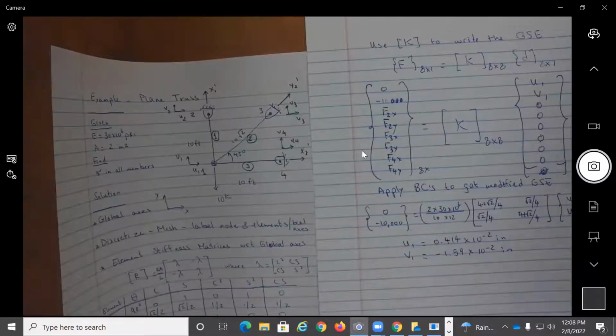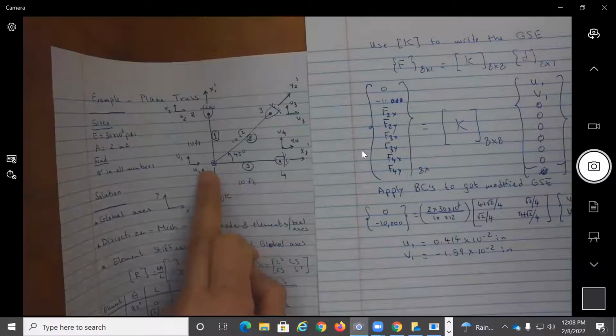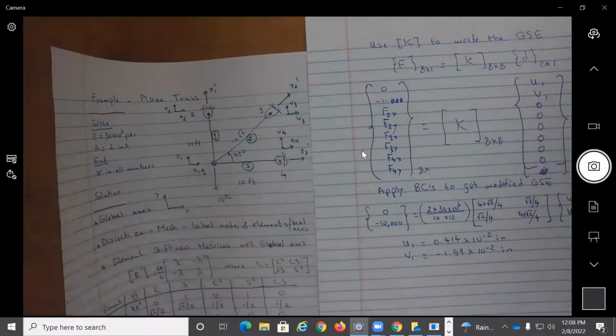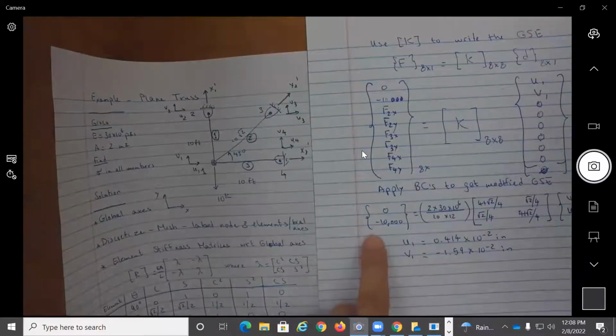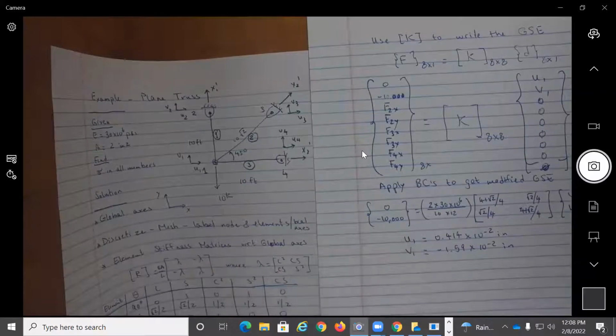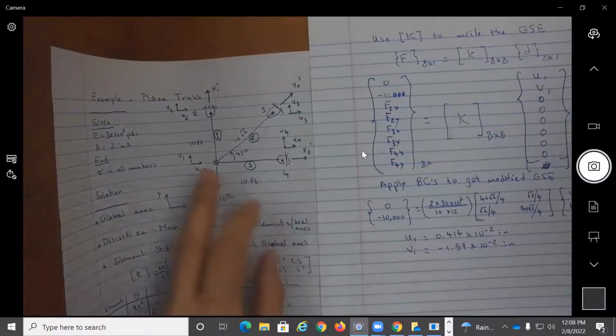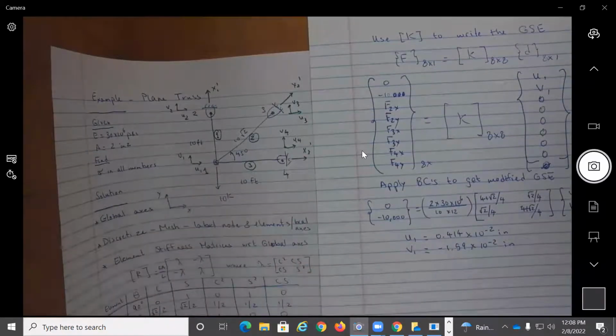Okay, now our goal is to find the axial stresses in all the members. So now I have found U1 and V1, and all other displacements are 0. Now I can find the axial stress in all the members.